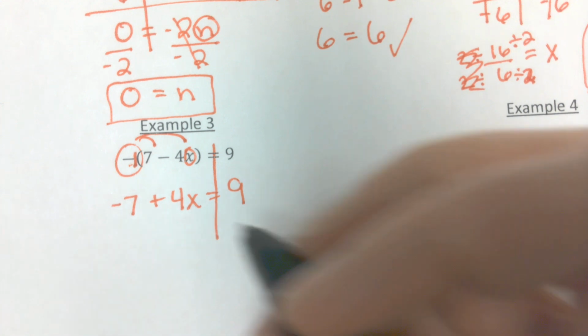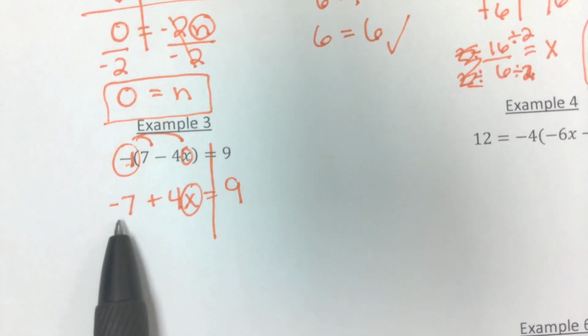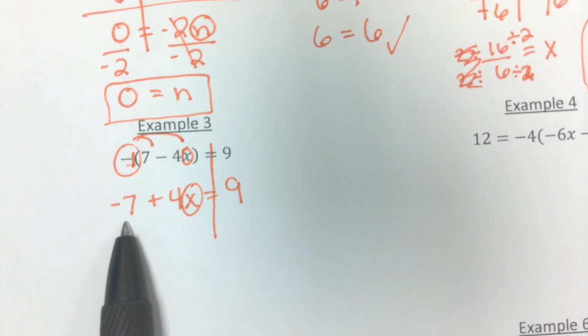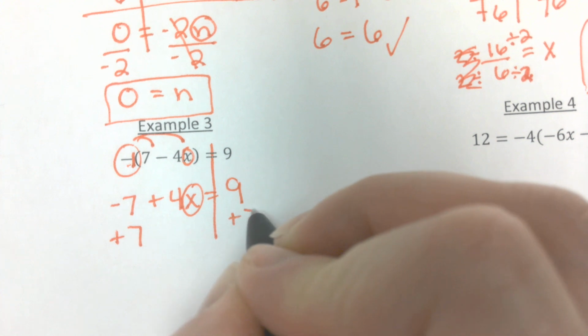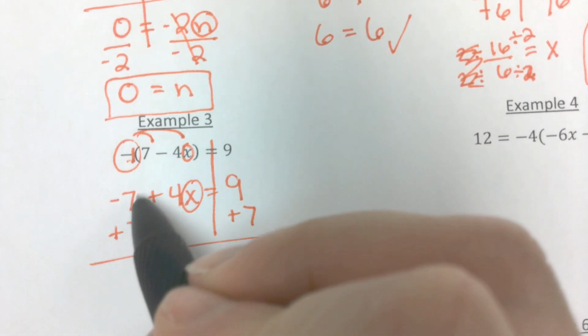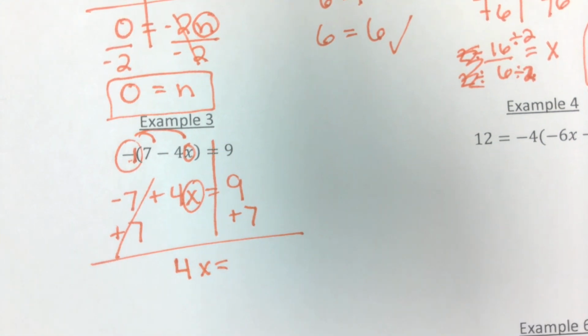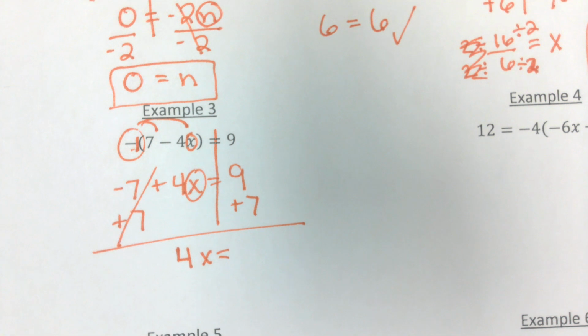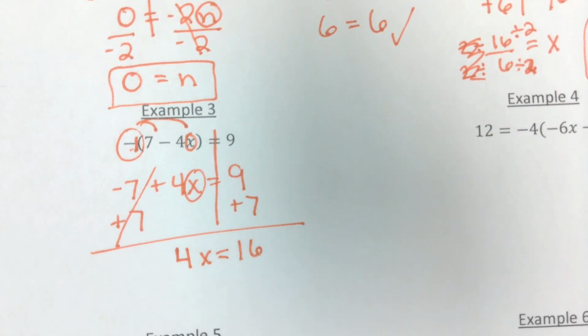So we need to get the x by itself still. So we add or subtract first. So we look at what's on the same side as the x. This is negative 7. So the opposite of negative 7 would be positive 7. Four x equals 9 plus 7 is 16.